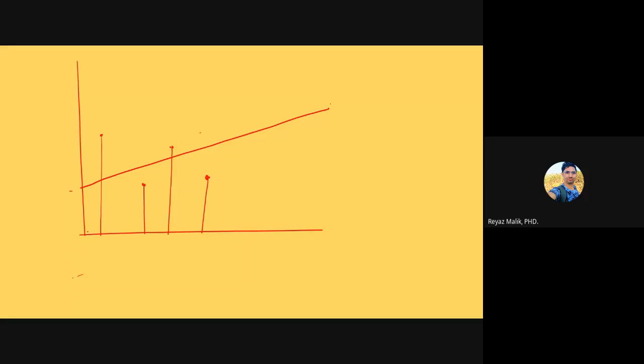So this line will be the sample regression function, correct? And it will be derived with the help of this function. Then this difference we will name as u1.